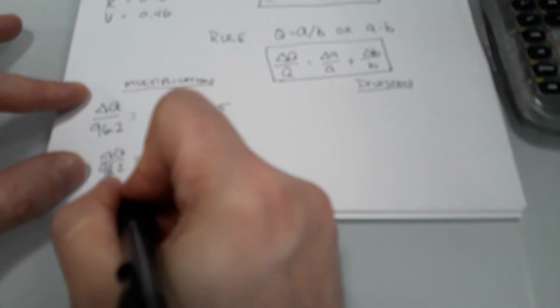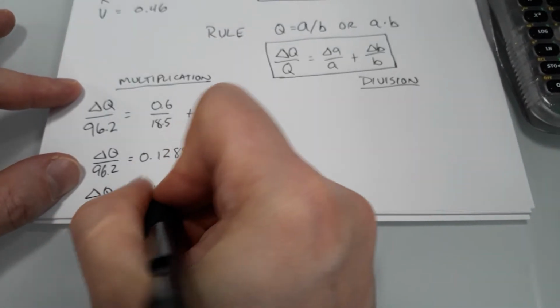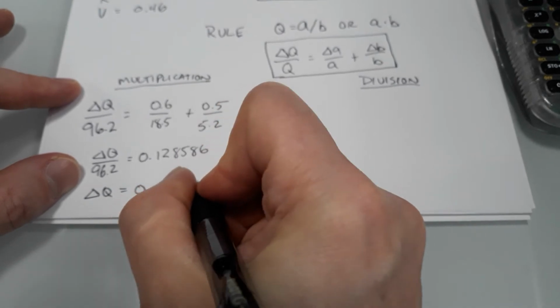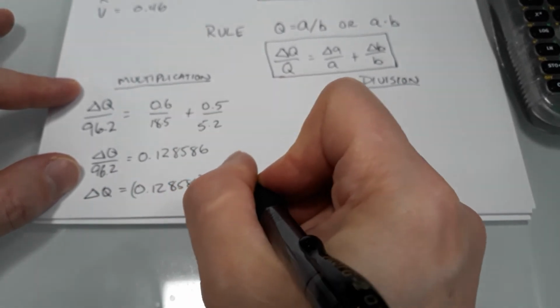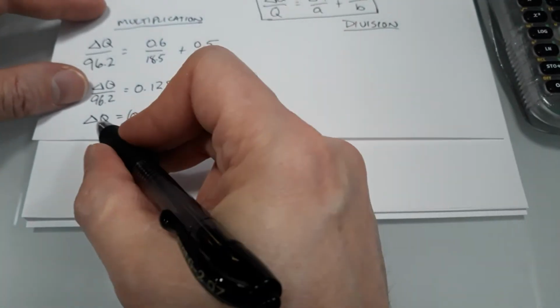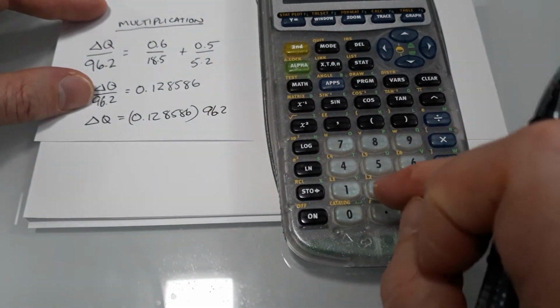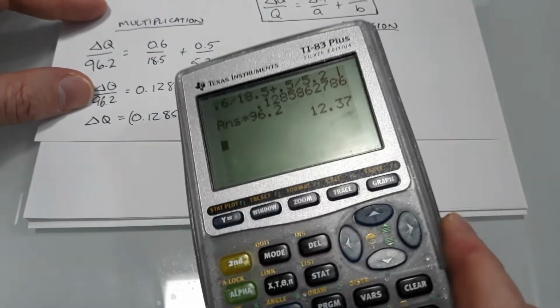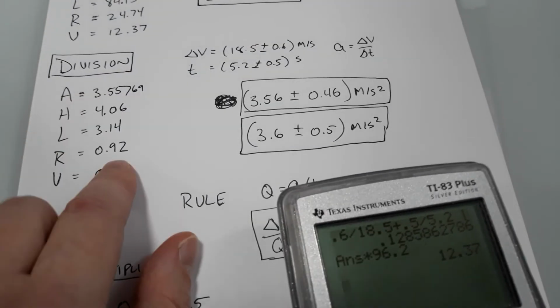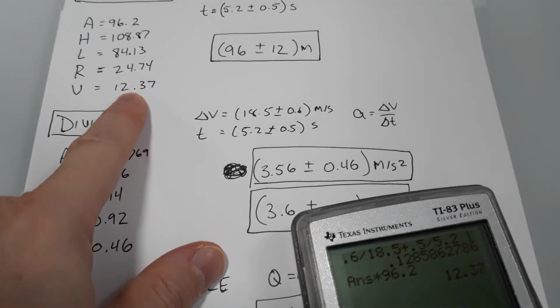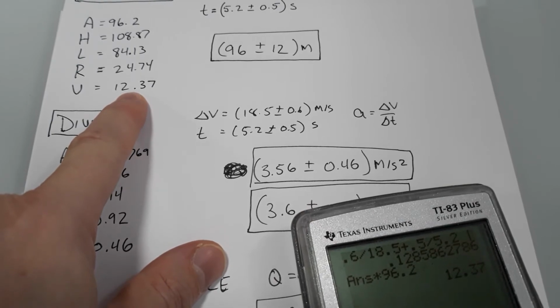I'll say delta Q is equal to 0.128586 times 96.2 to give me a final uncertainty, the delta Q, that's my absolute uncertainty, of 12.37. Okay, 12.37. That's what we got from the range method, right?